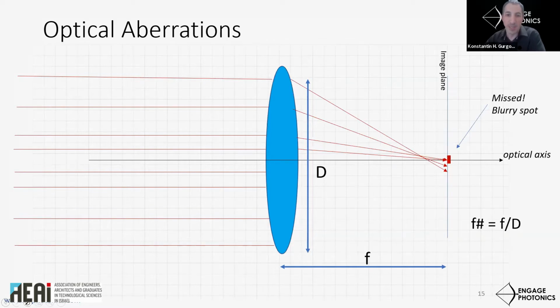Rays from an on-axis object coming from afar will be hitting the lens at different heights, and we expect them to converge nicely into a very sharp spot, the image of the axial object. But if we check the rays from these areas, we can see that they converge steeper and they miss the image position.